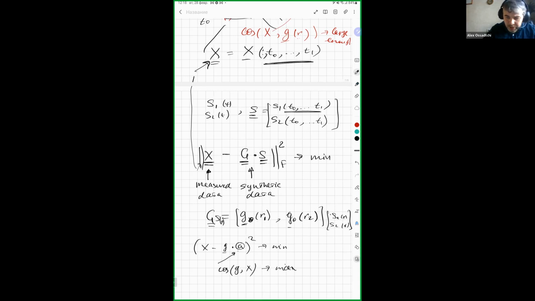So this guy scales this guy, this guy scales this guy, and you get your data, but you don't know any of them. All you know is your data, and you know Maxwell equations, and you can compute these columns for every location R. It's a very similar setting, just don't be afraid.